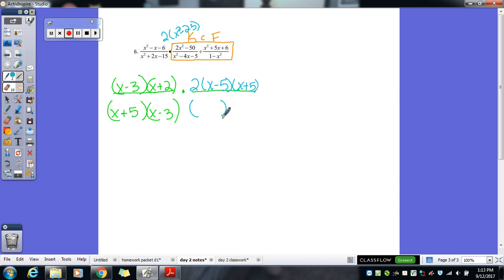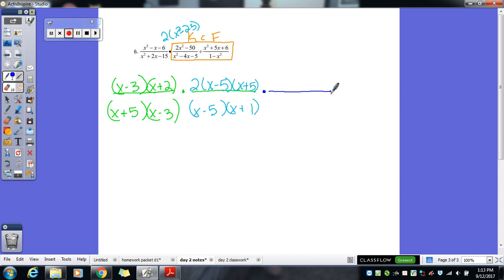How does our trinomial below that one factor? Well, multiplies to give us 5. Negative 5. Positive 1 would give us our negative 4 in the middle. So now we change the division sign to multiplication. And we are going to flip that fraction.